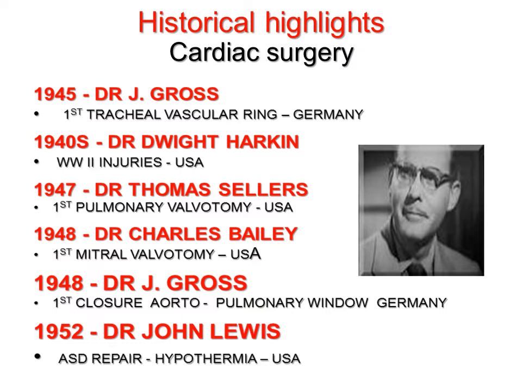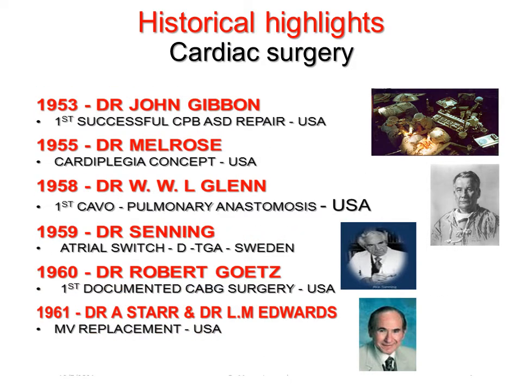In 1952, Dr. John Lewis did an atrial septal defect repair using only hypothermia, done in the United States of America. However, it was in 1953 that the first successful cardiopulmonary bypass operation was done on an atrial septal defect repair by Dr. John Gibbon, who's very famous in cardiac surgical circles. In 1955, Dr. Melrose came up with the concept of cardioplegia in the United States of America, which you can review in the cardiopulmonary bypass section of this learn shop.